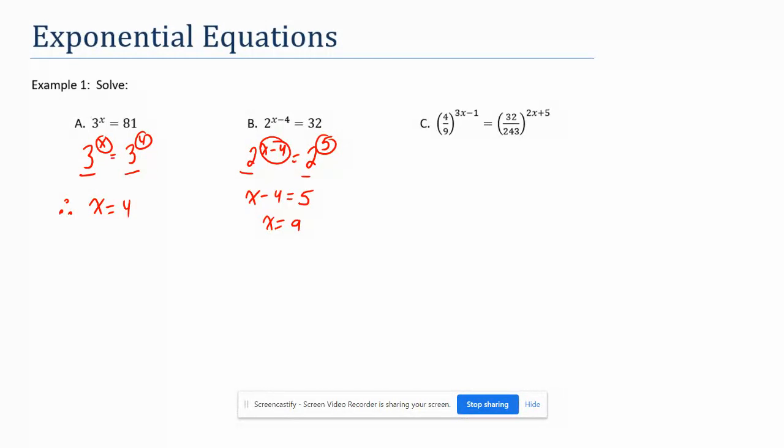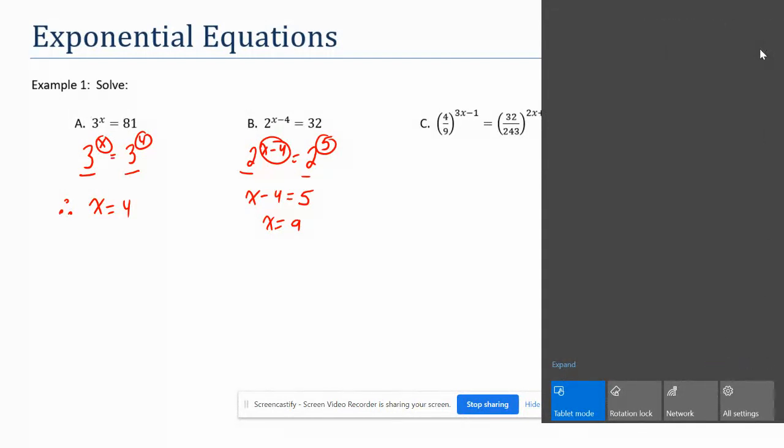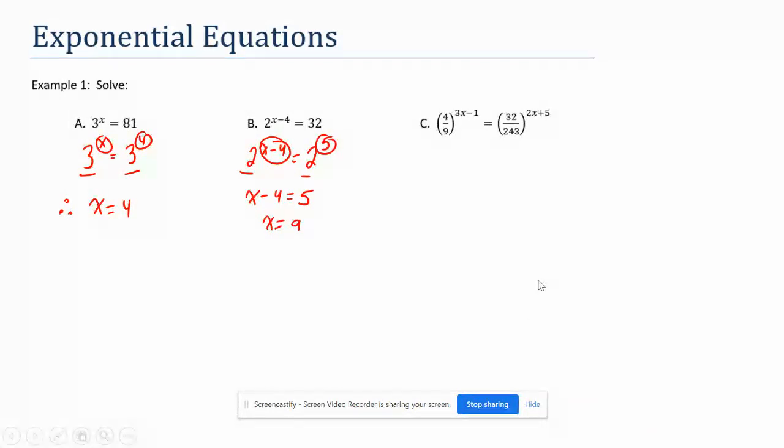A little bit trickier, for example, c. It's trickier just because these examples are fractions, and fractions are always more difficult. But 4/9 is the same thing as (2/3) squared. We still have the power 3x minus 1 like this. 32 is 2 to the 5th, and 243 is 3 to the 5th.